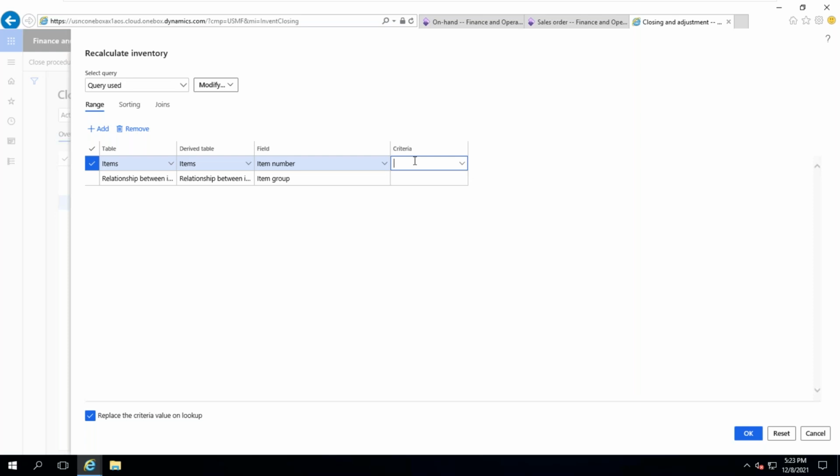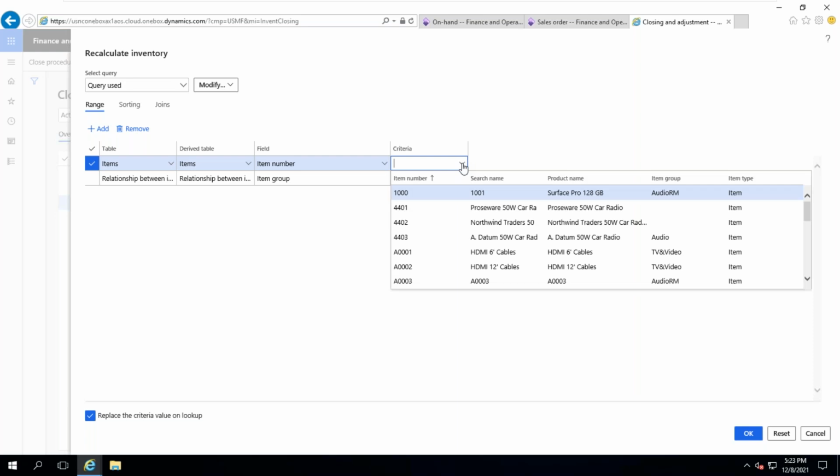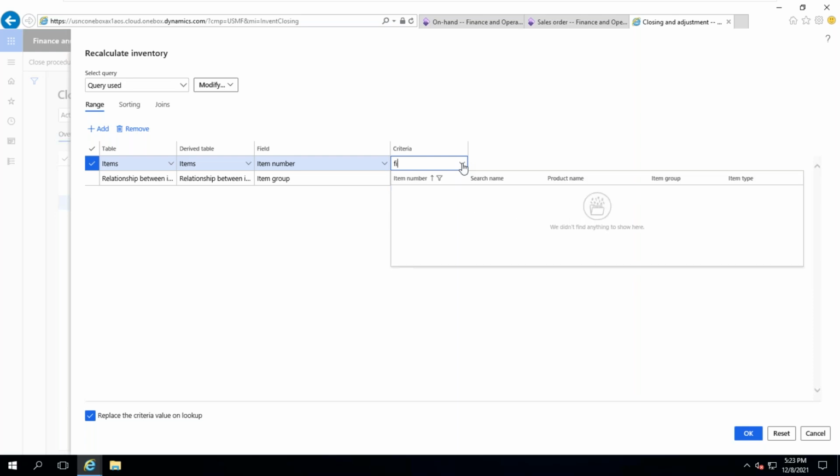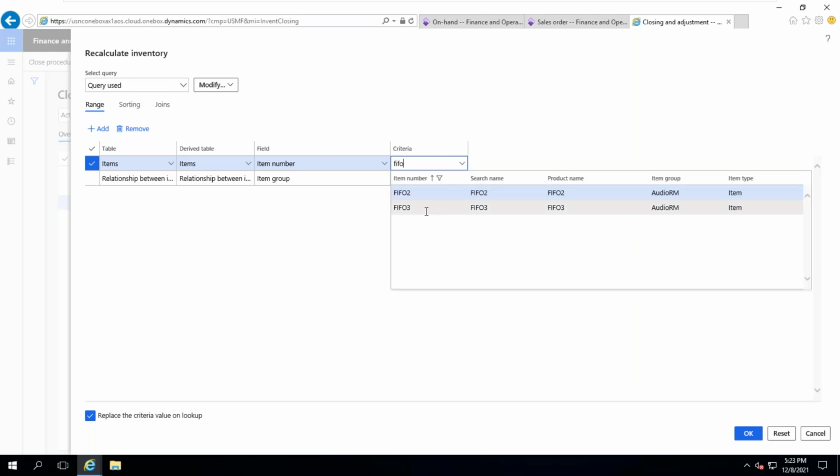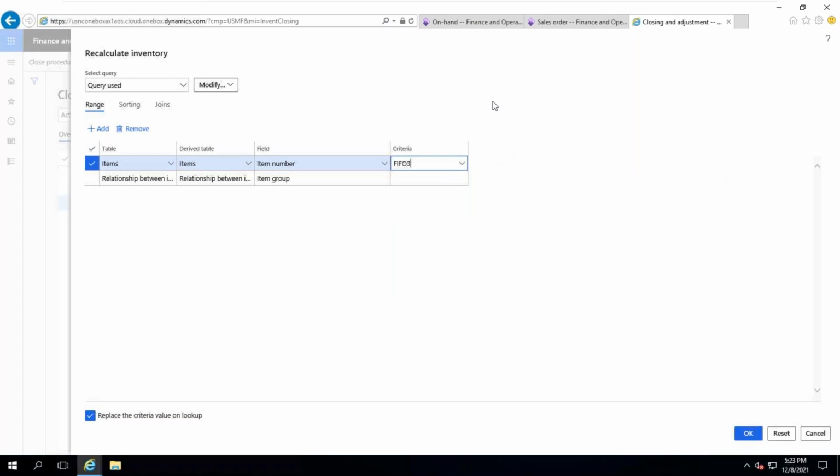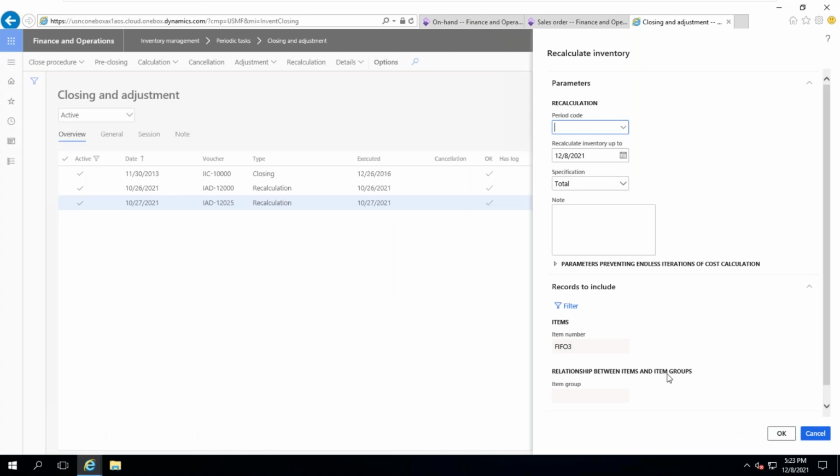But for understanding purposes, we are executing for our new item, whatever was created, FIFO 3. Okay, click OK. So I'm executing for FIFO 3. Click OK.